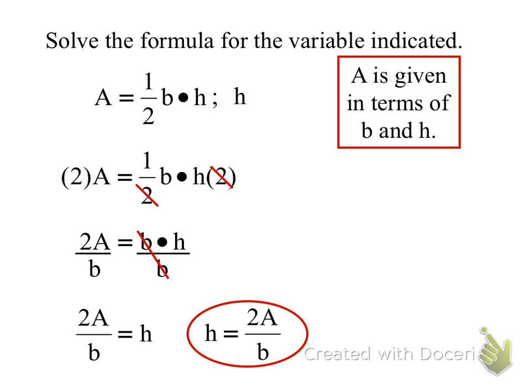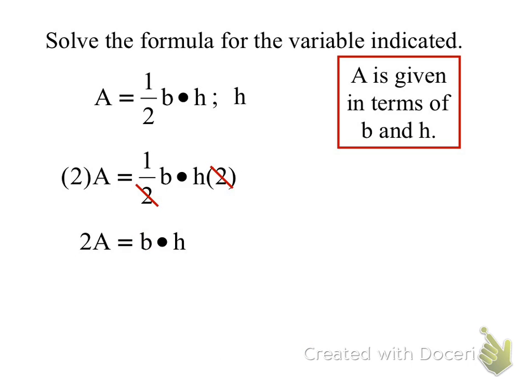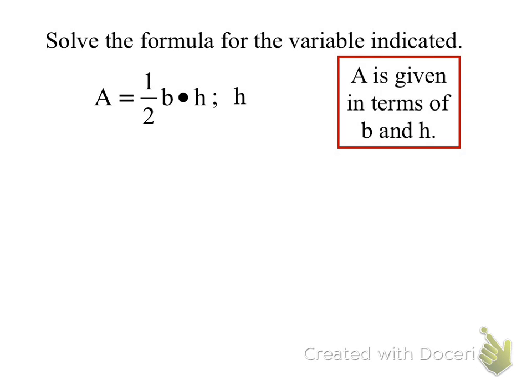Another person said to me also, why are we not multiplying everything? Why didn't I multiply the H? Why aren't I multiplying everything by 2 over 1? Here's my formula.